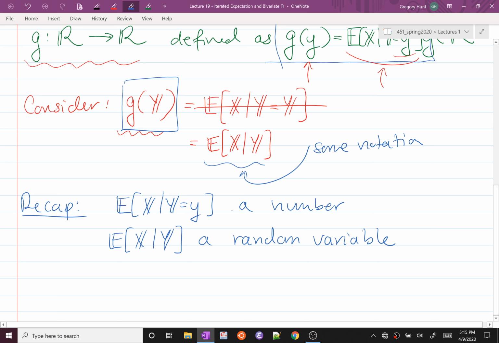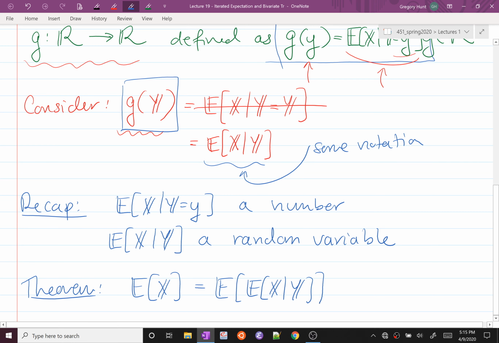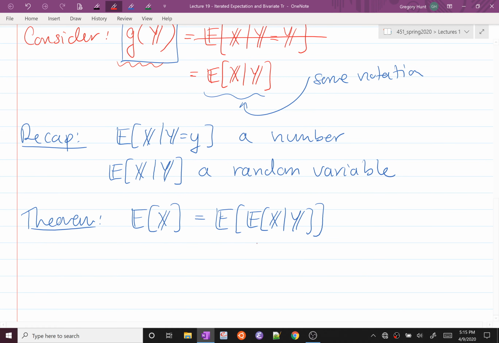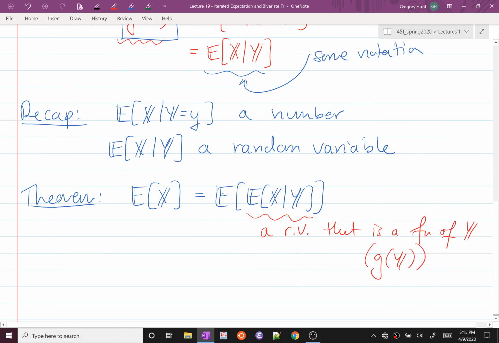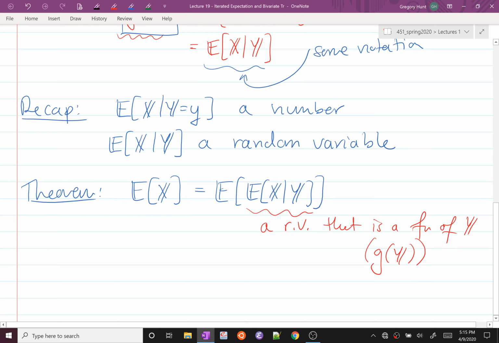So in our theorem, we have the statement that the expected value of X, which I think we're all familiar with at this point, is equal to the expected value of the expected value of X given Y. We can make sense of this notation now because this thing here is a random variable that is a function of Y. It's some function of Y, i.e. it's some g of Y. It's a particular g of Y, hence the notation, but it's some random variable.